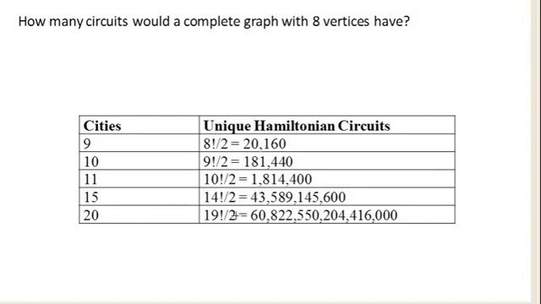I mean, this would take a computer doing 1 billion circuits a second about 2 years to look at all of these. So it turns out that using brute force is not going to be a reasonable method for graphs with more than maybe 3 or 4 vertices. So instead, we're going to look at some alternate methods called heuristic methods.